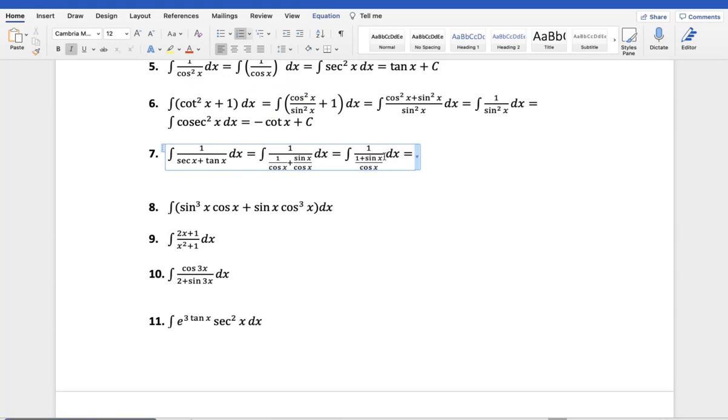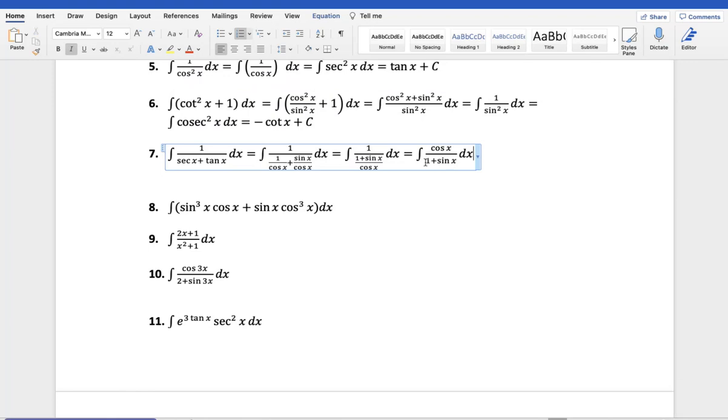And simplifying further, we get in the denominator 1 plus sine of x, and in the numerator we have cos of x. So our integral is changed to the integral of cos over 1 plus sine dx.